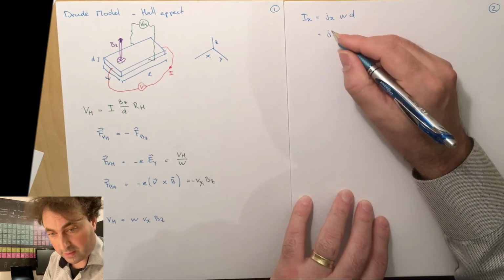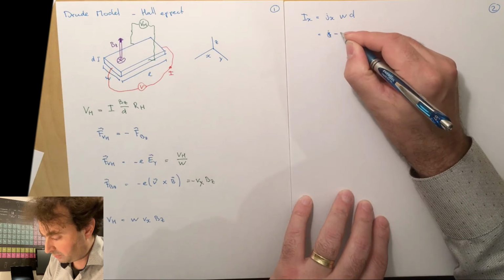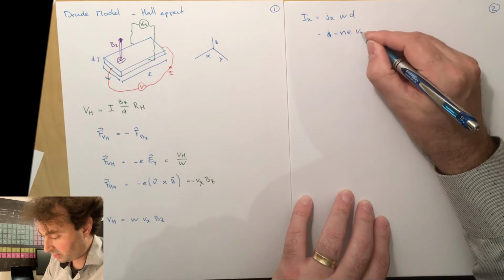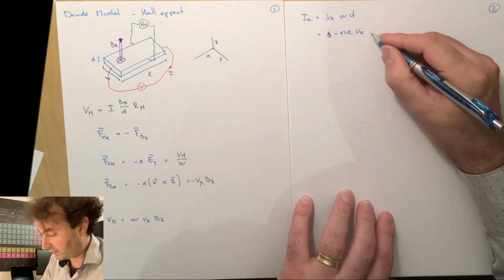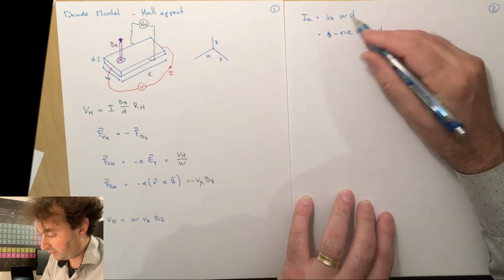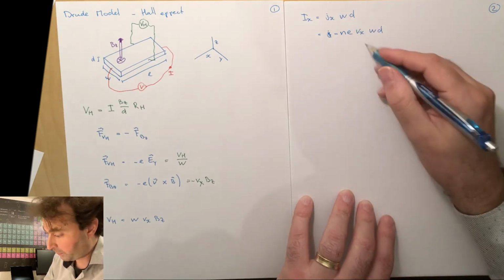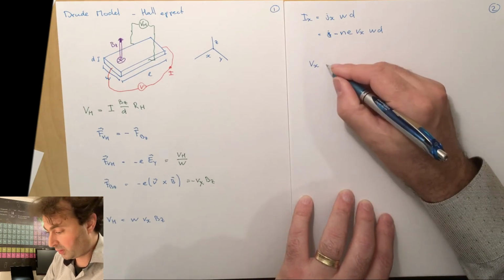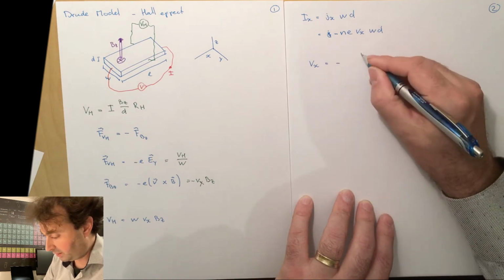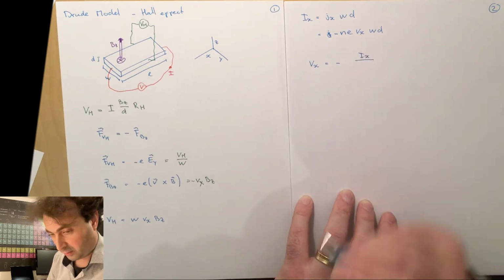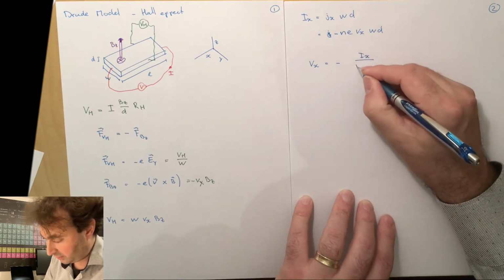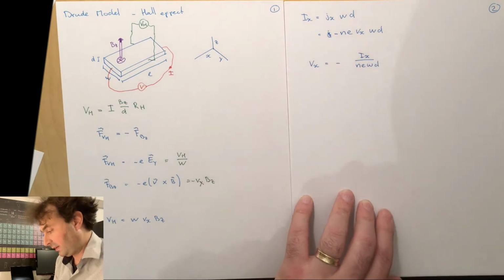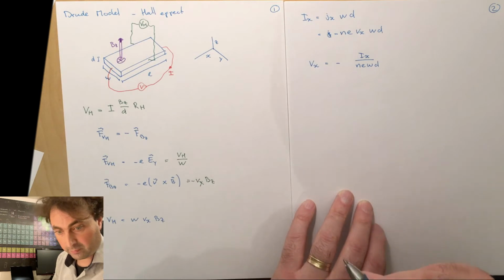And our current density is given by minus the electron density, the electron charge, and the velocity of the electrons, and then we still have the area in there. We can solve this such that our velocity is given by minus the current divided by n e, the width times the thickness.